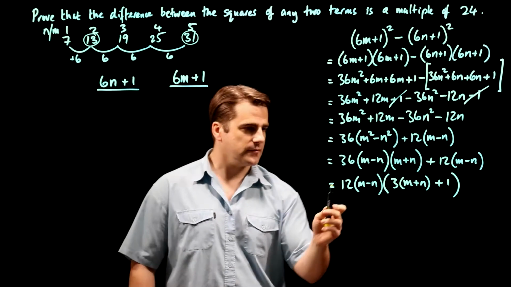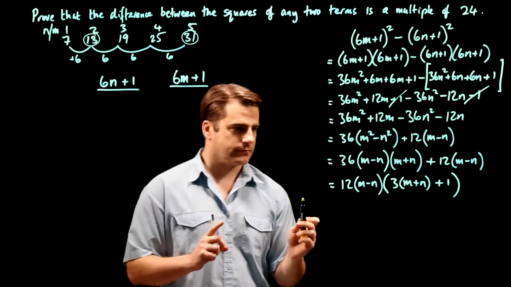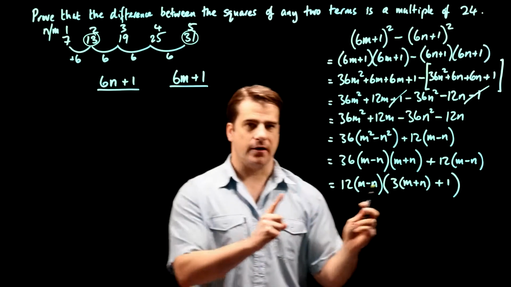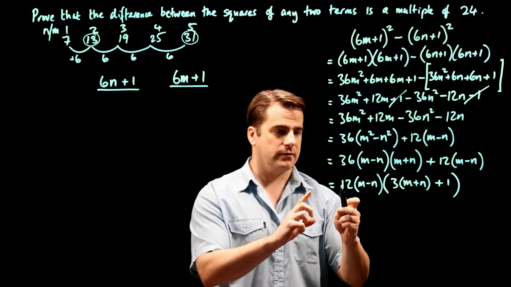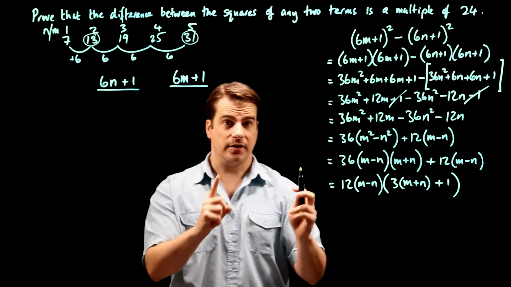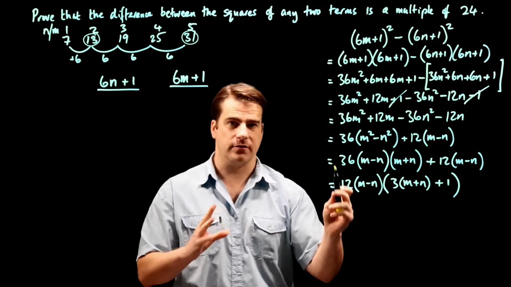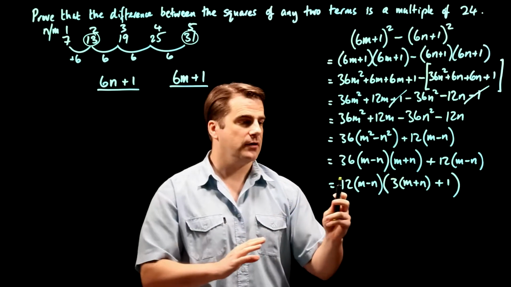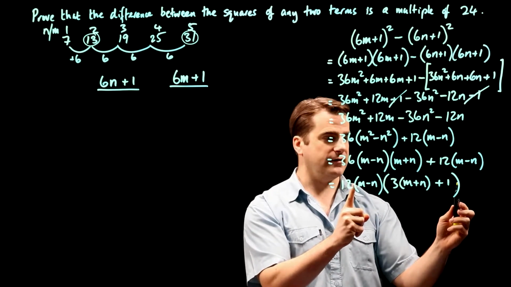Well, it's 12 times something. If we can prove that that bit there is a multiple of 2, then because it's multiplied by 12, 12 times a multiple of 2 is a multiple of 24. So our problem is reduced to showing that that is a multiple of 2.